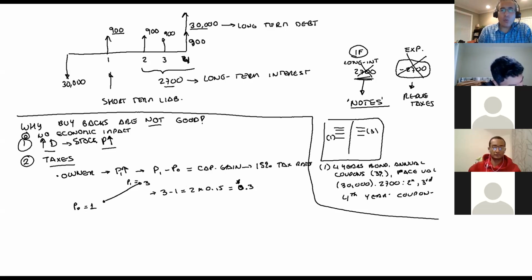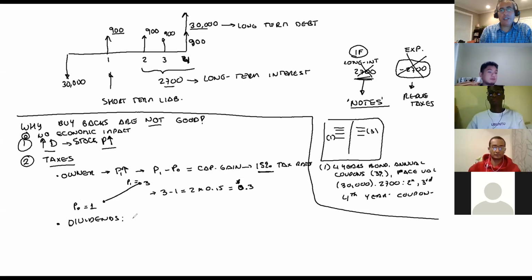Okay, why is this beautiful? Why not dividends, for example? Let's compare capital gains versus dividends. Imagine that the dividends are $2. What is the tax rate for dividends?